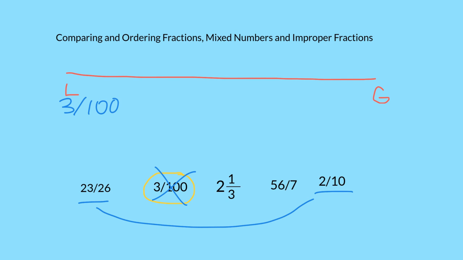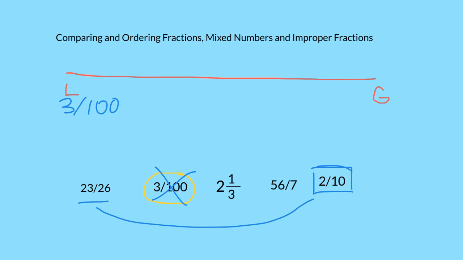Okay, so I see right here that we have 23/26. That's actually really not far away from one whole. And using my comparing skills from our other video lesson, I know that 2/10ths is actually pretty close to 0. I'm thinking about what I know about that numerator and denominator, half of 10 is 5, and 2 is less than 5.